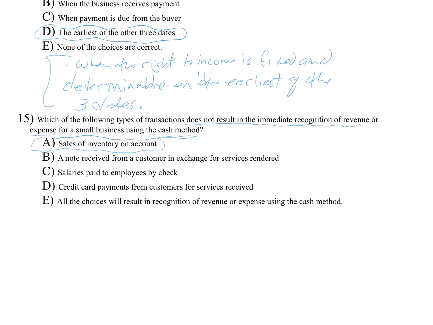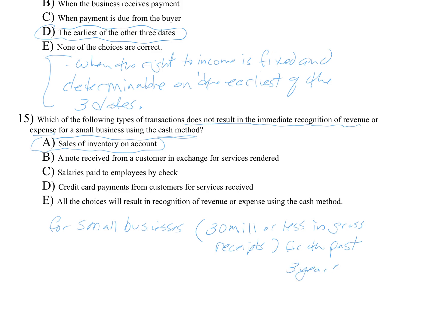So for small businesses, and small businesses are 30 million or less in receivables, or I shouldn't say receivables, in gross receipts, not gross income, on average for the past 3 years, right?